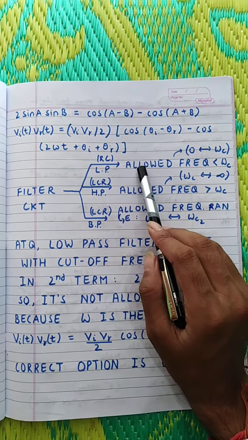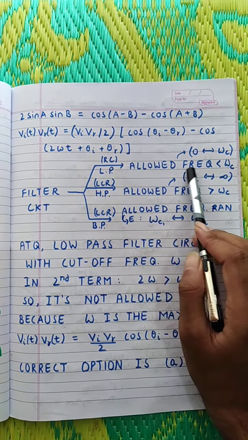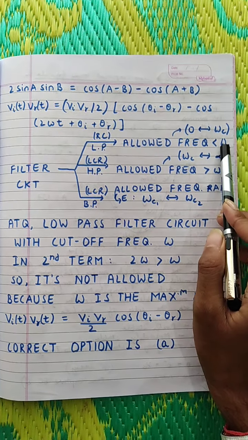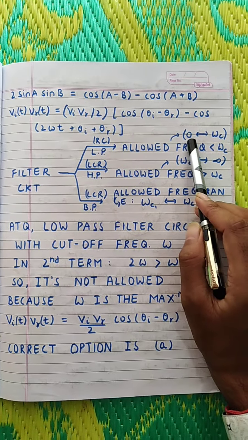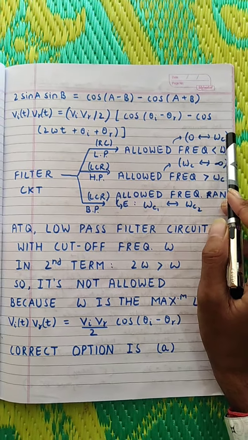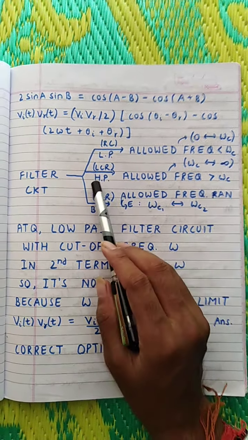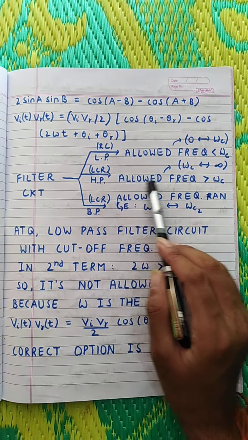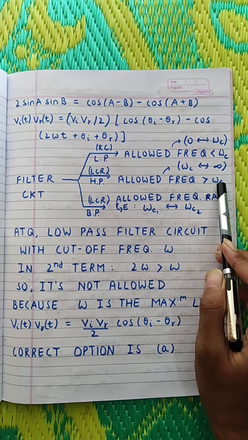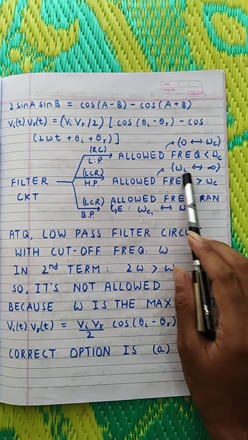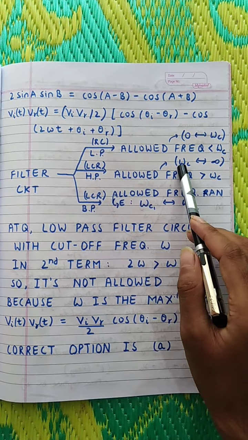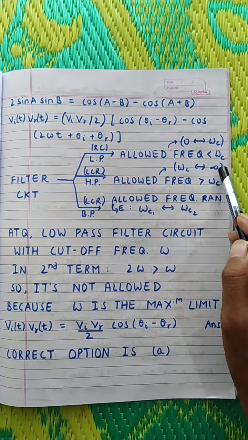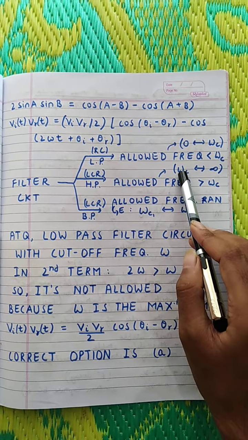A low pass filter allows frequencies less than the cutoff frequency, so the cutoff frequency is the upper limit and it will allow frequencies from 0 to omega c. Now high pass filter circuits allow the frequency which is greater than their cutoff frequency omega c, so it will allow frequencies from omega c to infinity. So this will be its lower limit.